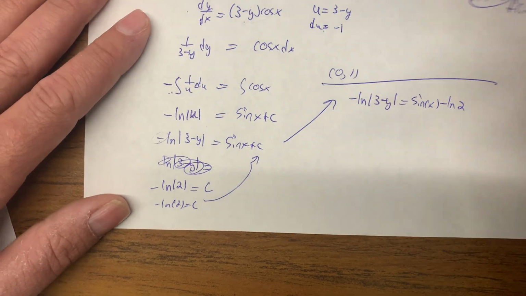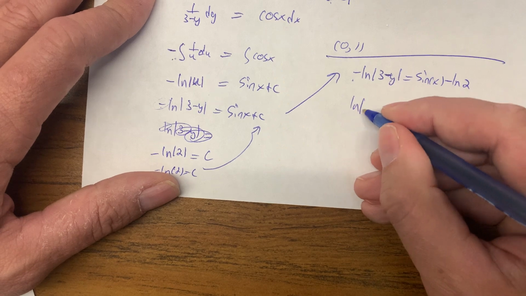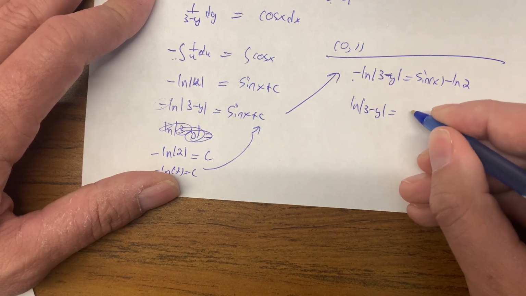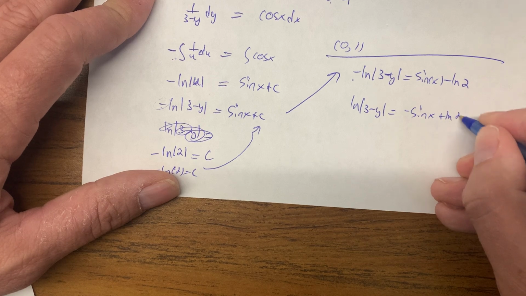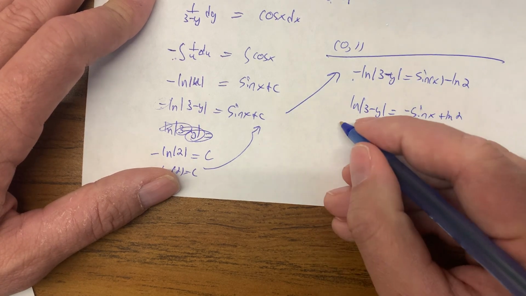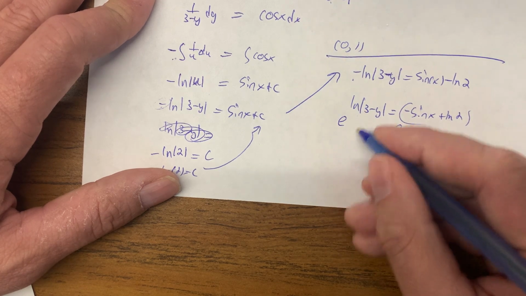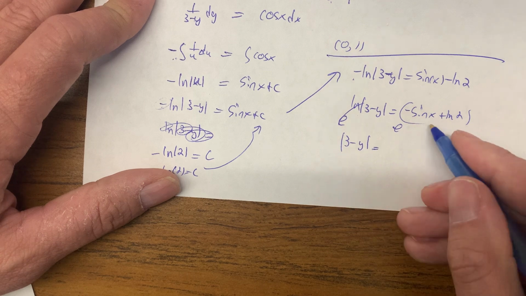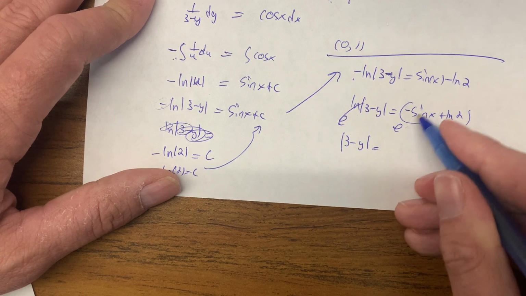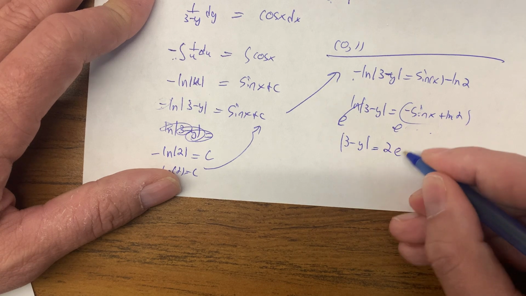That is my equation I need to solve for y. Divide by negative 1. This will be negative sine of x plus natural log of 2. Do e to the power of both sides. Here that'll cancel that out. Absolute value of 3 minus y equals, I'm just going to do the trick where I know it's going to be e to this times e to this, and e to natural log of 2 is just 2.